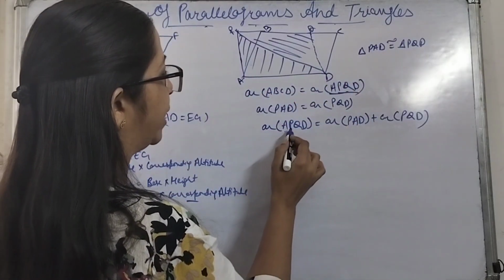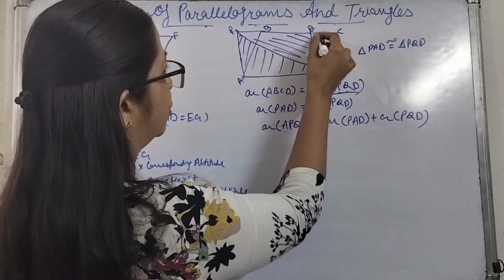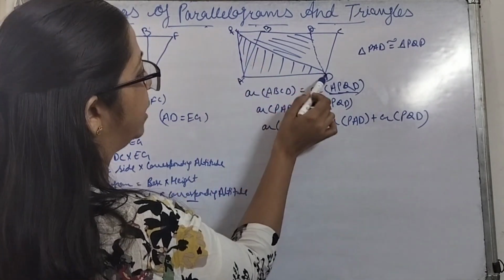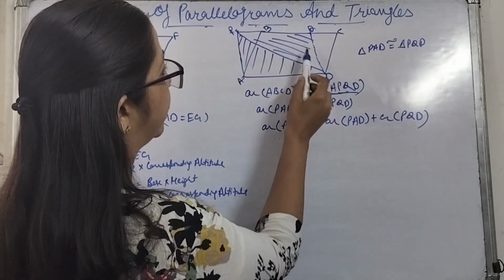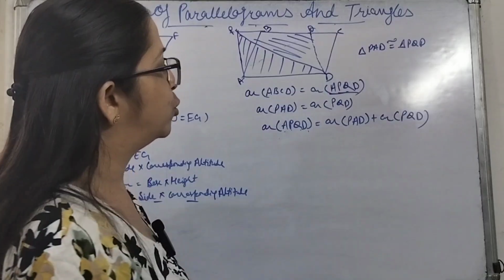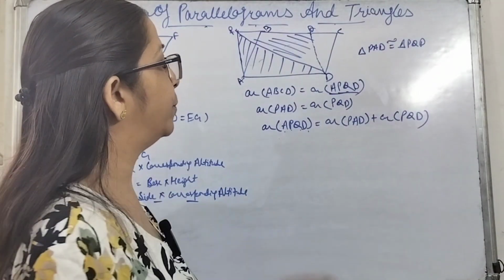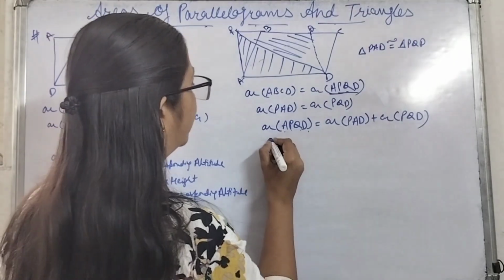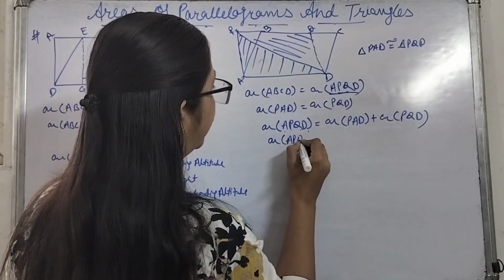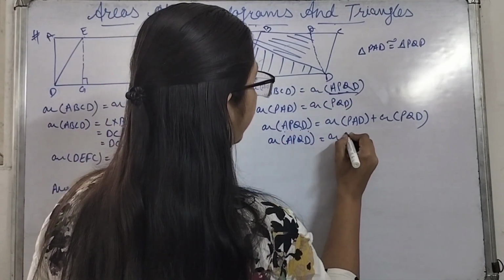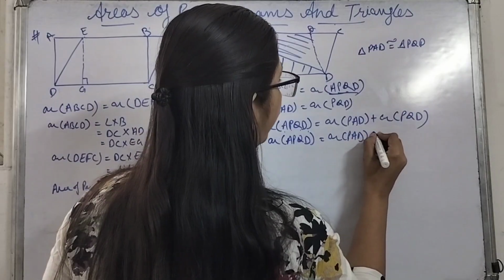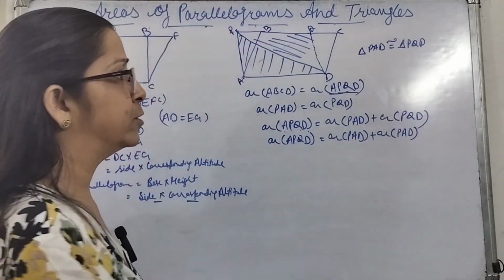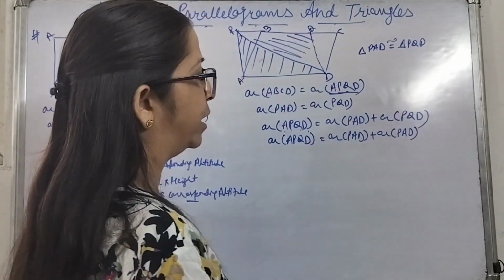So area of APQD will be equivalent to area of PAD plus PQD. And we can write area of PAD only, because both the areas are equal. So instead of PQD we can write PAD also.